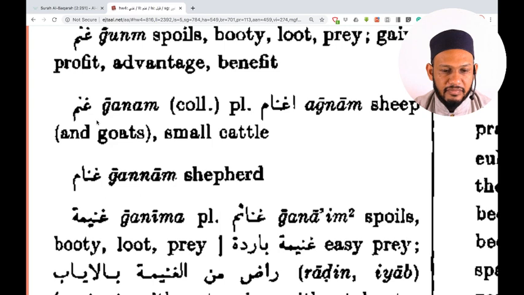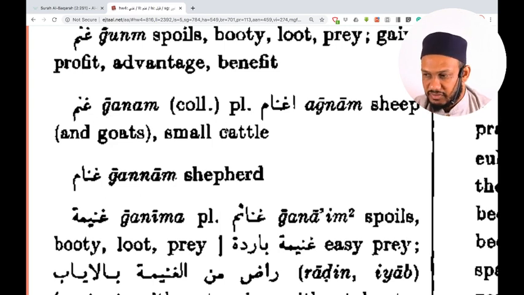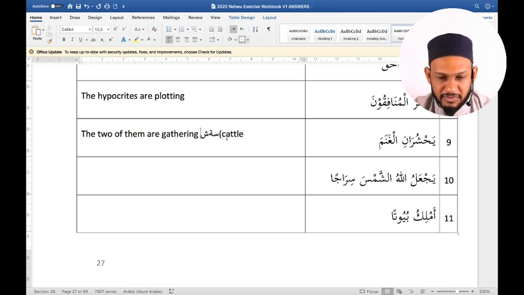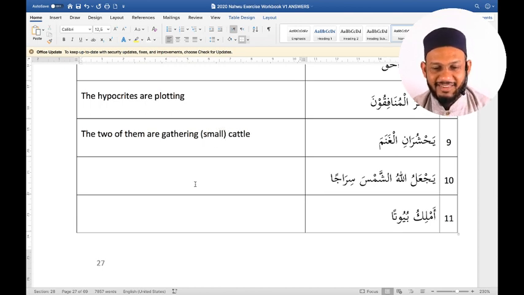Whereas ghanam is small cattle, sheep and goats. So they are gathering cattle. Actually small cattle, but anyway. Sheep and goats.